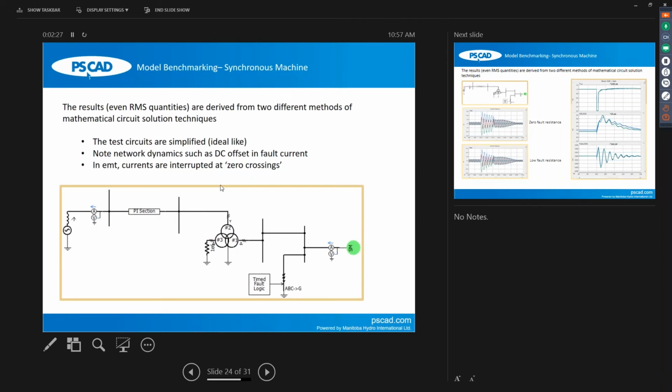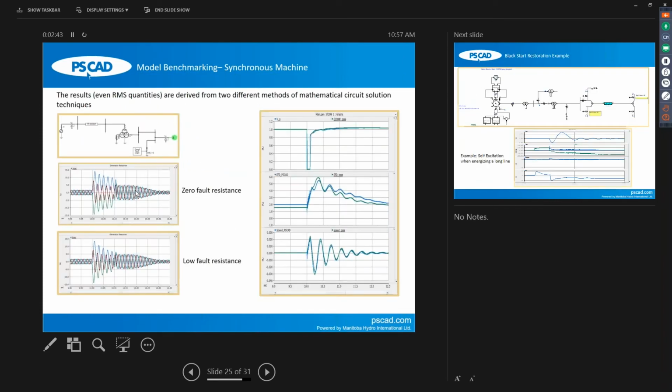So let's look at this example. This was from one of our users, and what happened was the user could not get good comparisons. So he sent us the case, we took a look at it, and the first thing I noted was, see, in the RMS program, the fault was applied at 10 seconds, and the fault was cleared after 0.1 seconds, right?